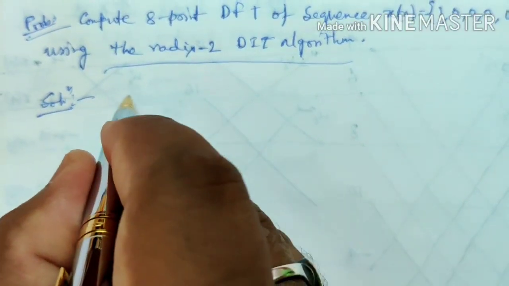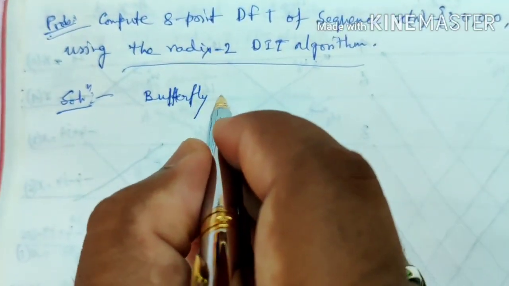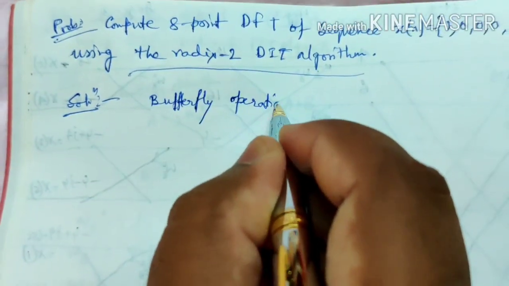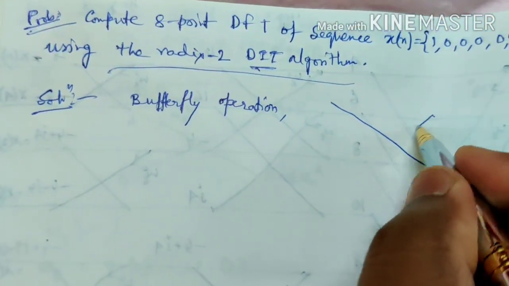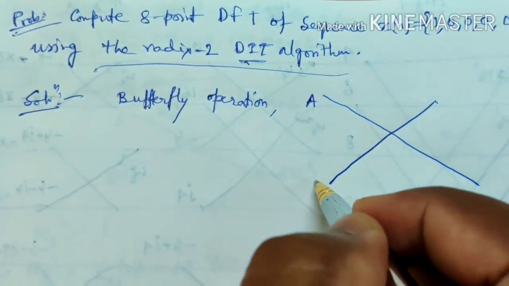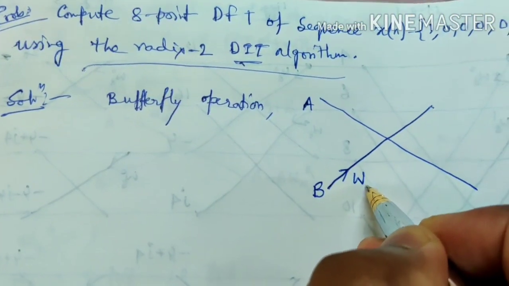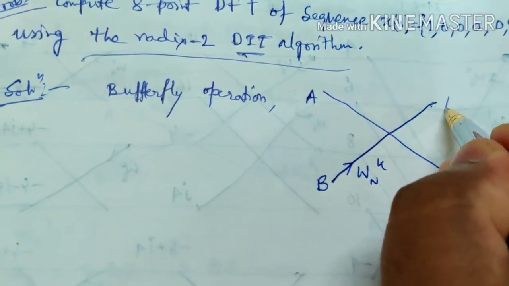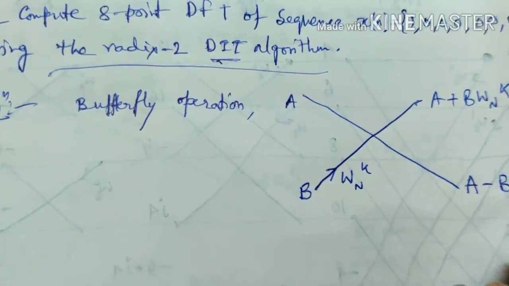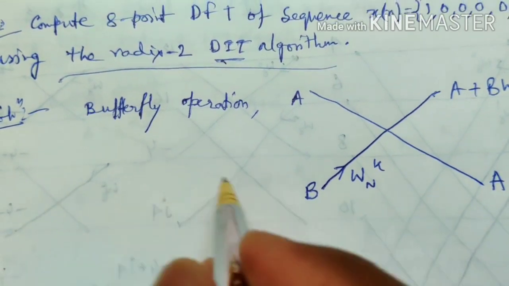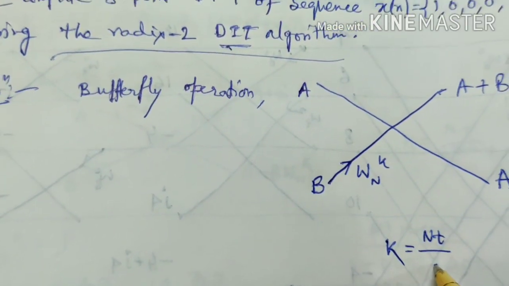The basic butterfly operation of the DIT algorithm, that is, if A and B are taken as the corresponding inputs and the twiddle factor is the multiplication, then the outputs will be A plus B omega N k and A minus B omega N k, where omega N k is the twiddle factor, and the value of k is N t by 2 to the power m.